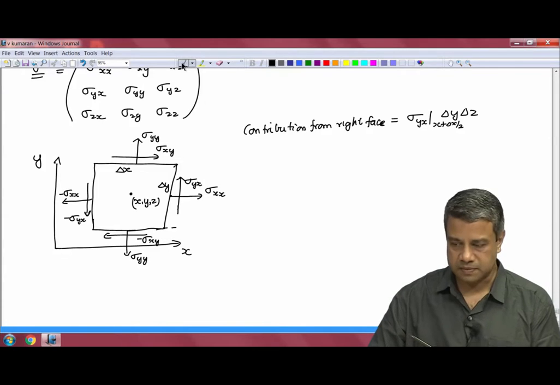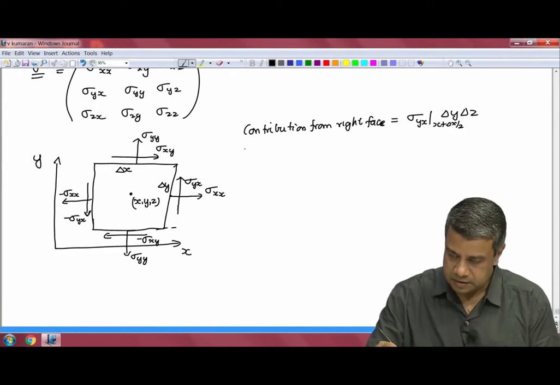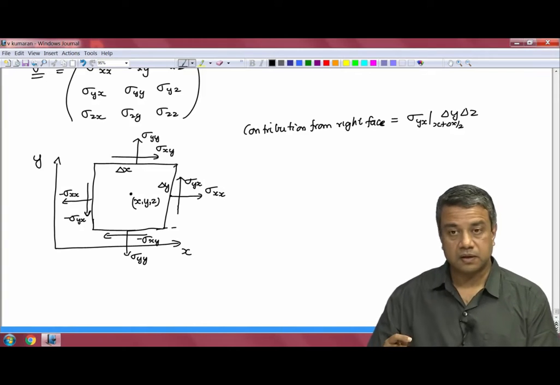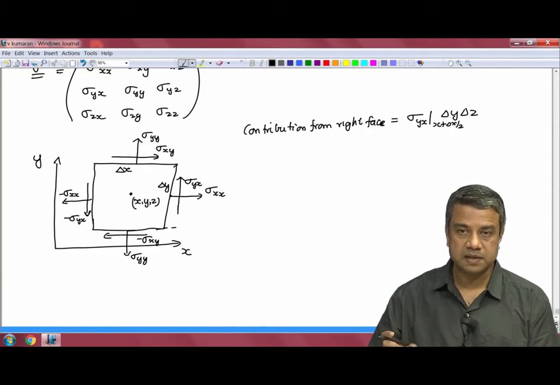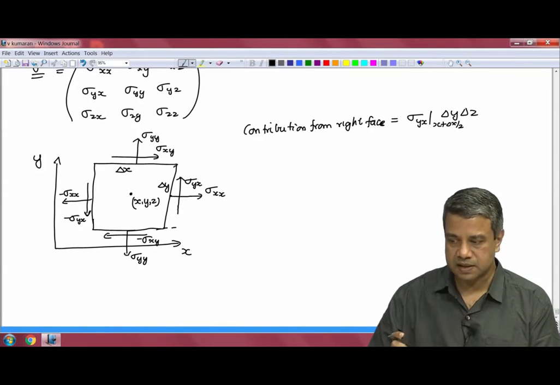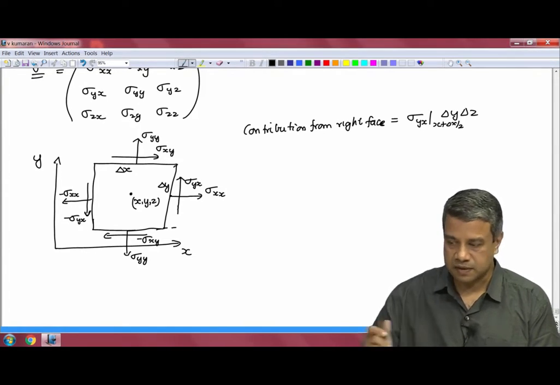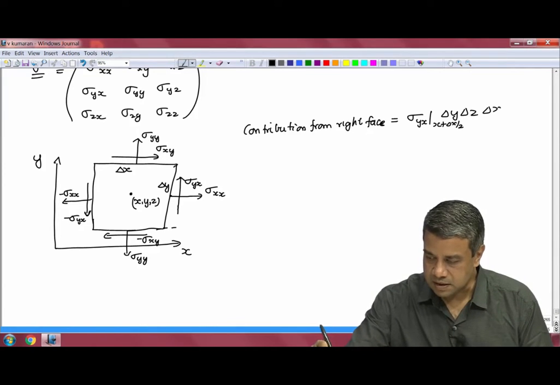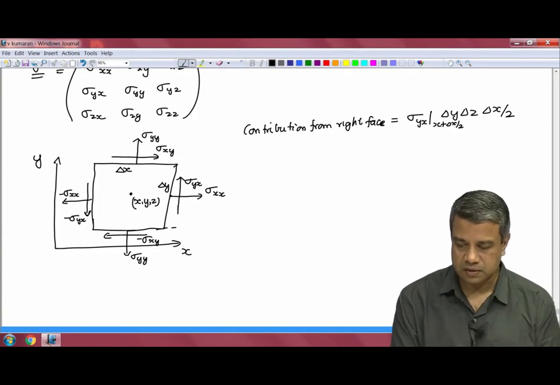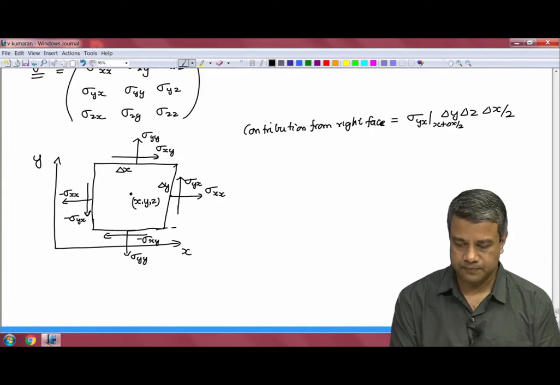I should add here: the torque is the force times the distance from the axis of rotation. Force is stress times area, sigma yx times delta y delta z, times the distance from the axis of rotation, which is delta x by 2. That is the contribution to the torque from the right face.